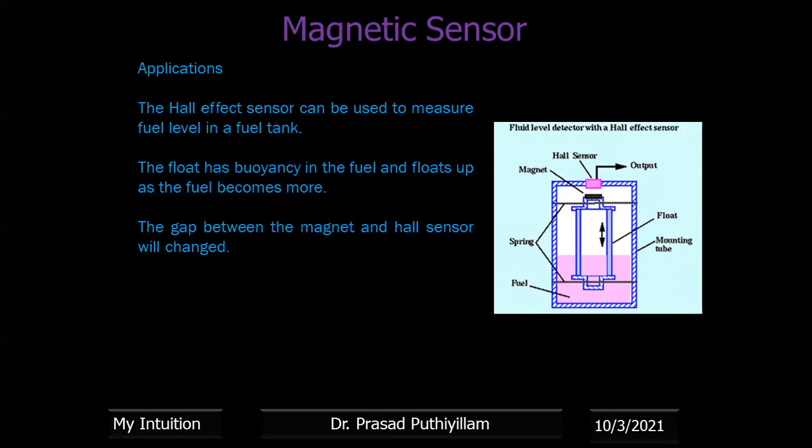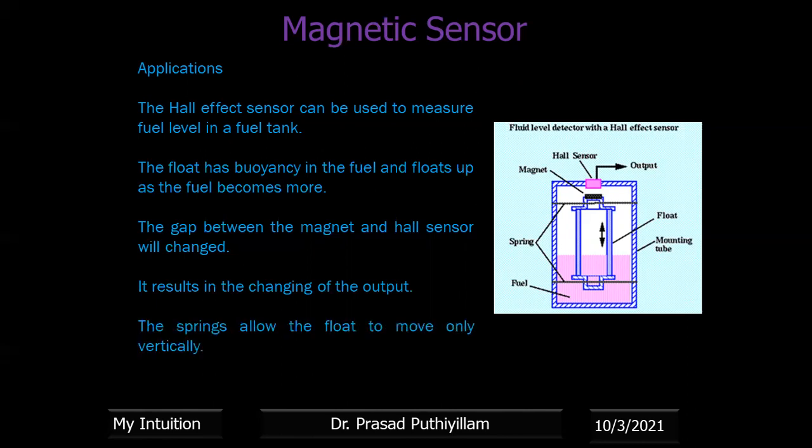The gap between the magnet and the Hall sensor will change when this float moves, and it results in the changing of output. Based on that, we can measure what the fuel level in the tank is. Even the springs are kept and arranged in such a way that the floats can move only in vertical position.